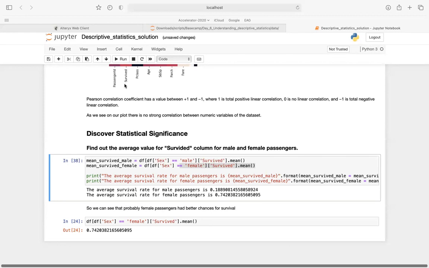It's called exploratory data analysis, where I'm trying to understand the relationship between survival and the gender. Are you all clear with this, guys? What we did here? Are we all clear? Quickly. How do we identify the average survival rate?